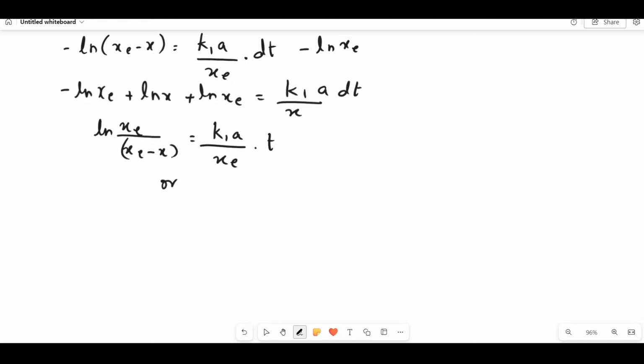Or we can say k1 is equal to xe divided by at into ln of xe divided by (xe minus x).